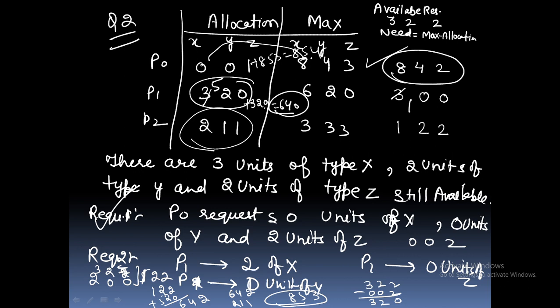There exists a safe sequence P1, P2, P0 in which all processes can be executed. So the system is in a safe state, request 2 can be permitted. I will repeat all these concepts again in the next page.